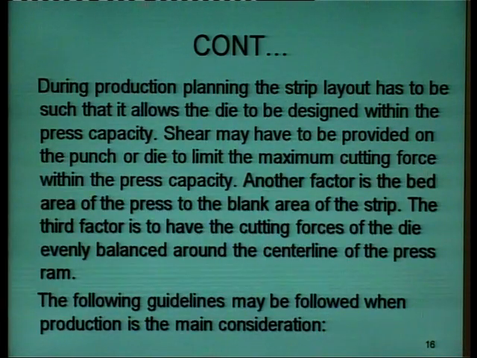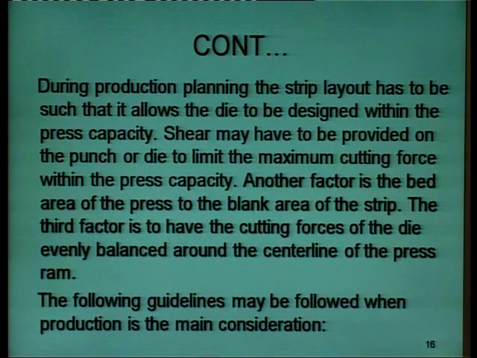Now, what happens during production planning? The strip layout has to be such that it allows the die to be designed within the press capacity. That is, shear has to be provided on the punch or die to limit the cutting force within the press capacity. Another factor in production planning is that the bed area of the press should be proportional to the blank area of the strip.